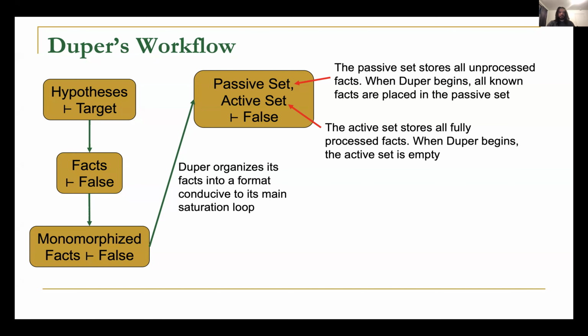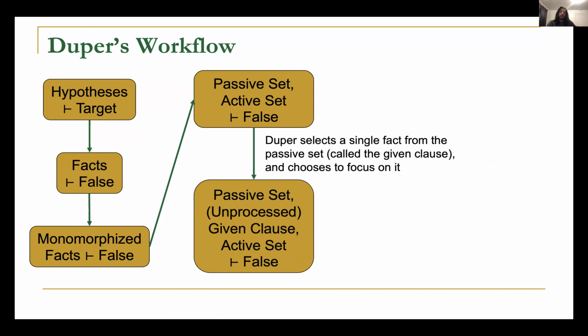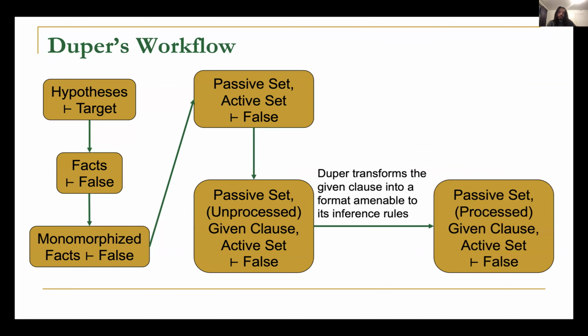After Duper has organized its facts into this format, the first thing Duper will do is select a fact from the passive set. We're going to call this fact the given clause, and Duper is going to choose to focus on it. Then Duper will transform this given clause into a format that's amenable to its inference rules. This process is called clausification, and I'll describe it in a little more detail in just a couple slides.